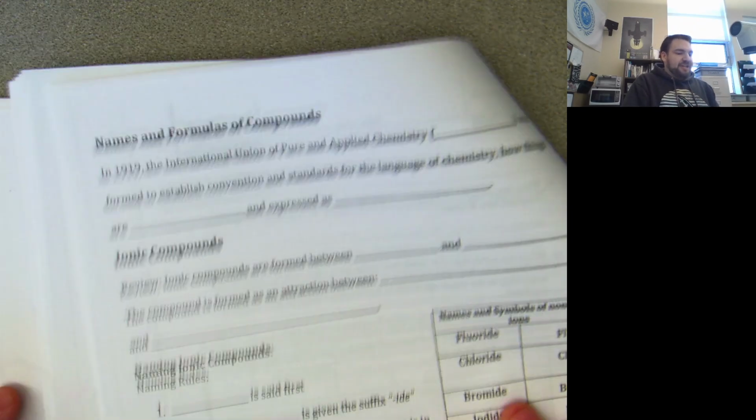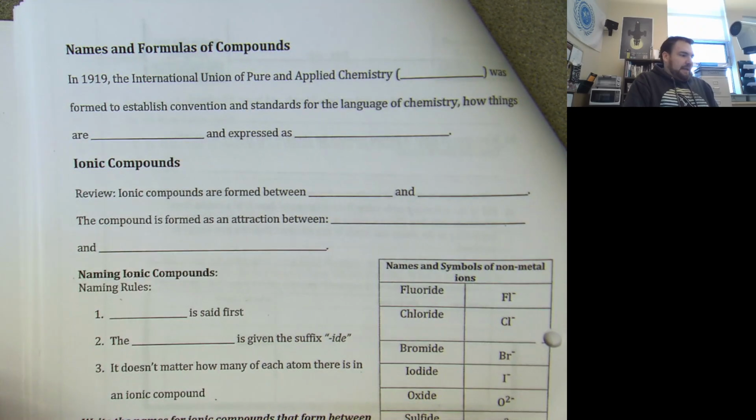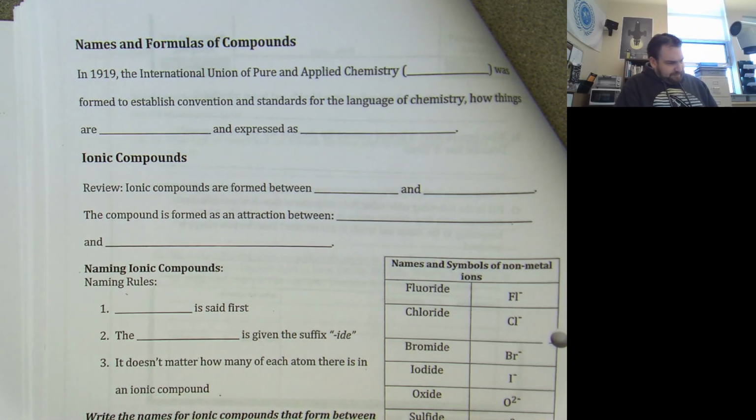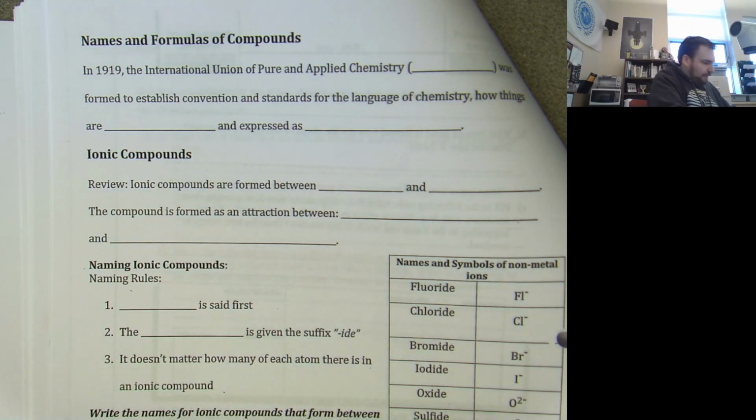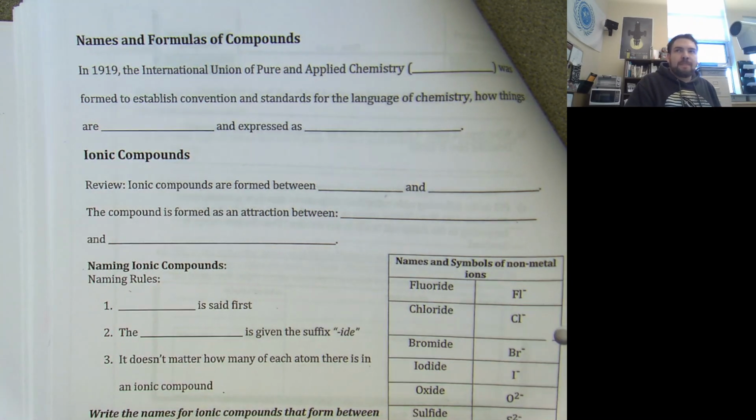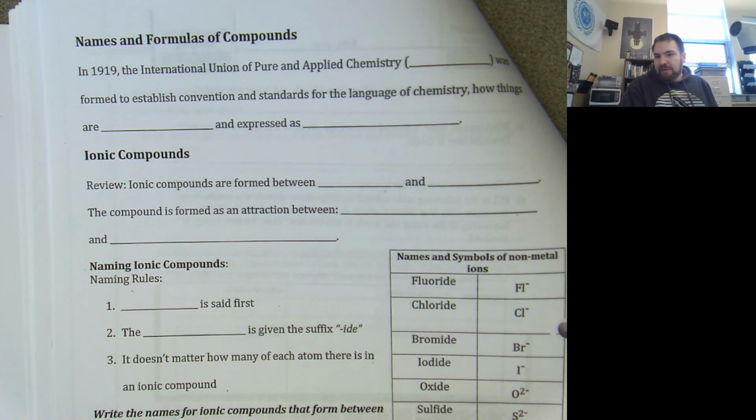My TOC yesterday did not do this with you. Lovely. Find this page. This is what I wanted them to do. We will go back to that energy stuff later, at the very end of the chapter. Okay, here we go.